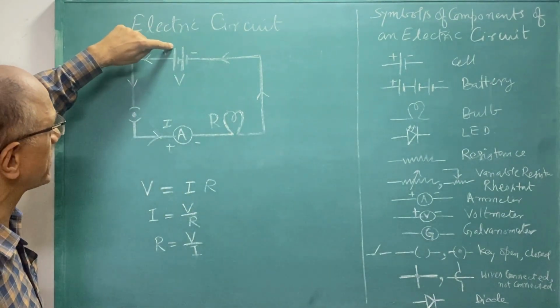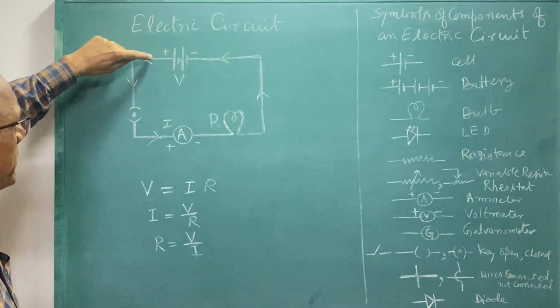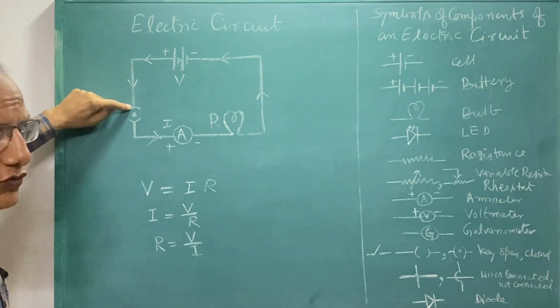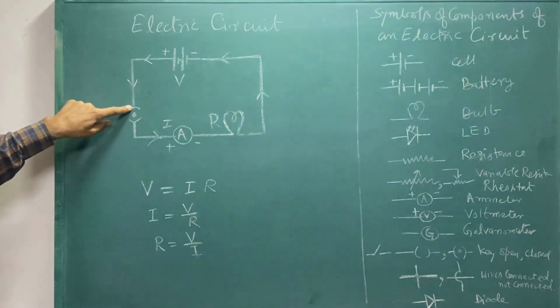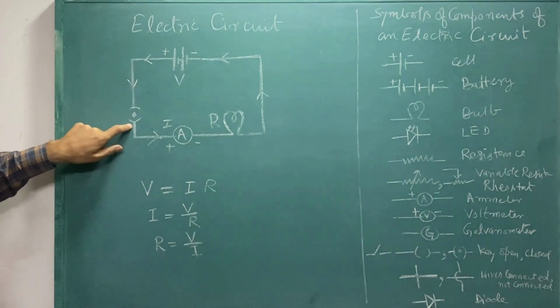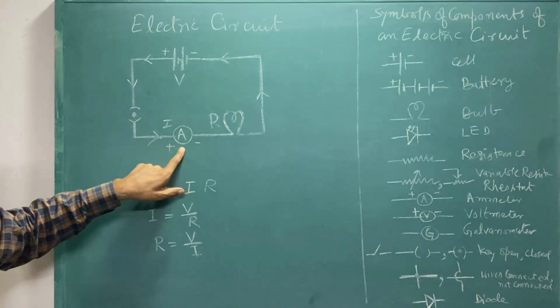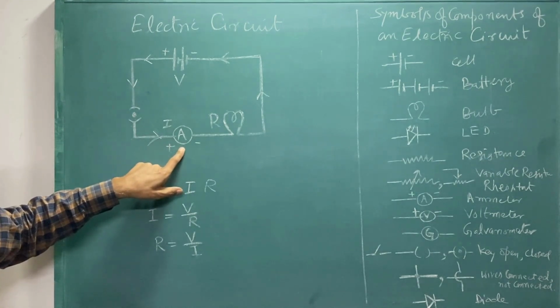This is the positive side, and one wire is to be connected from this to one terminal of the key, and the second terminal of the key is to be connected with which terminal of the ammeter? Red or black?